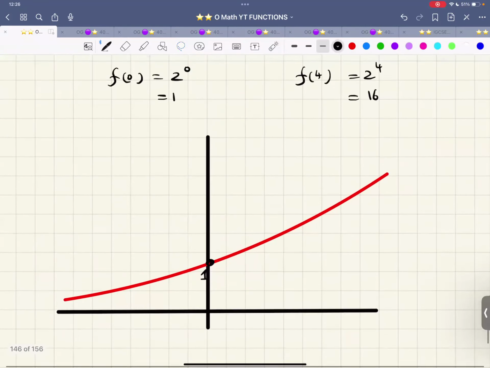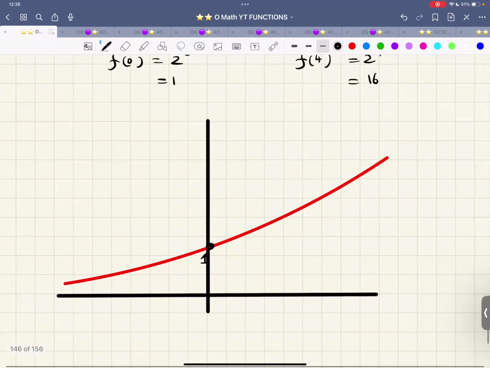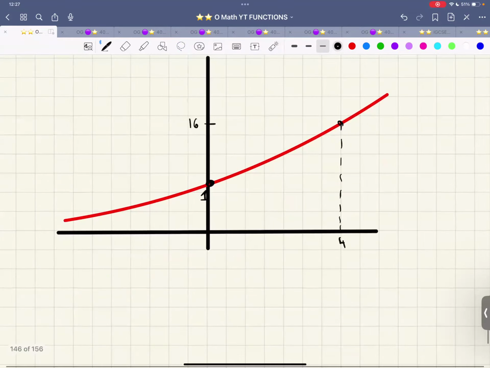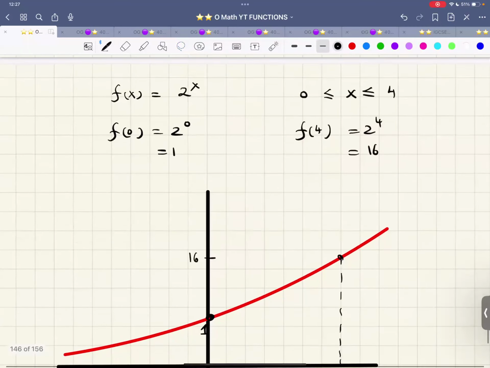And let's say this is till 4. So it's not drawn to scale. So this is 4. This corresponding y value is 16. This value is 1. So therefore, the range of this function lies between 1 and 16. That's how the graph is drawn.